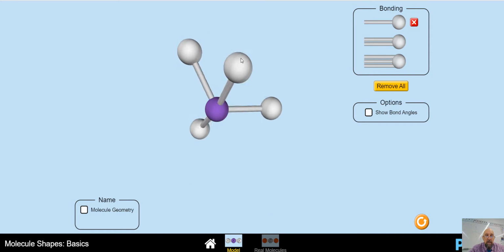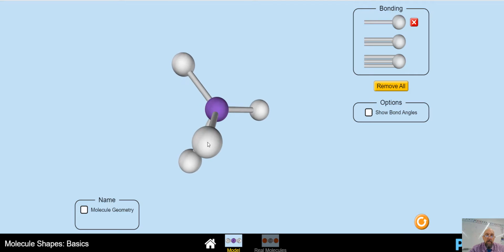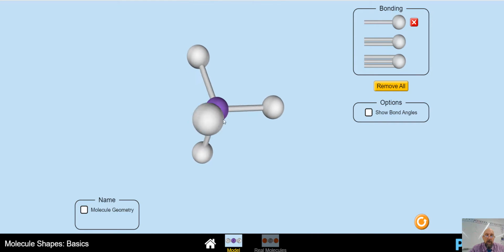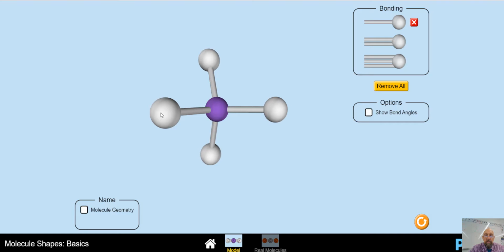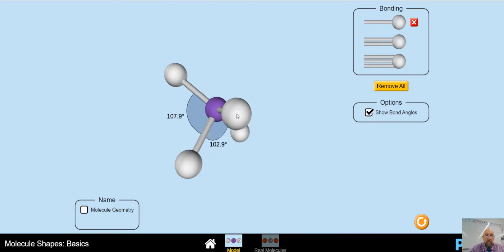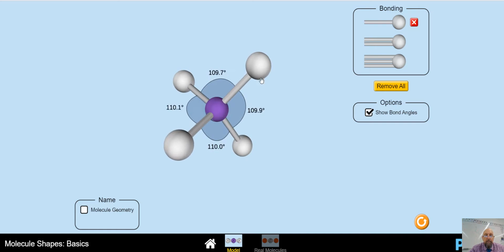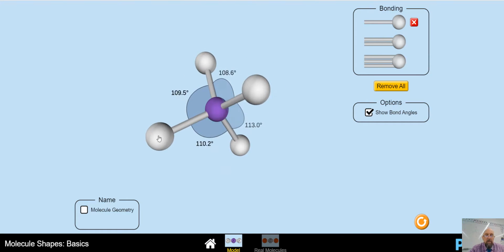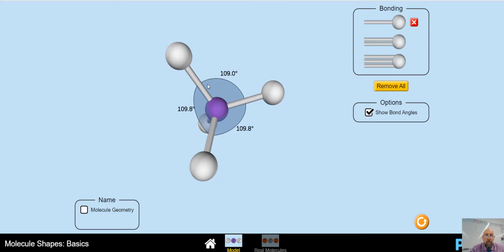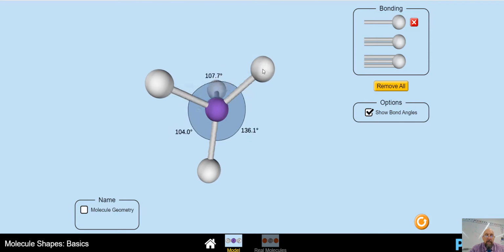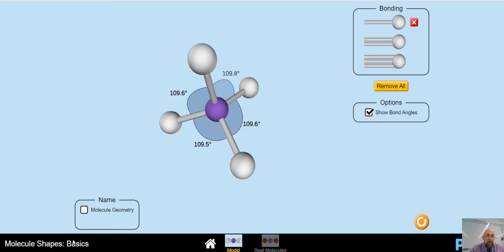We're seeing it in real time, and this is the great thing about this model. If I try to move it closer, it's just going to keep on repelling. The bond angle for all of these is going to be the same. If I try to move that one close, no, it won't let me do it. It's going to maintain that bond angle all the time, and we call that tetrahedral. That shape is basically a tetrahedral shape, as you can see.